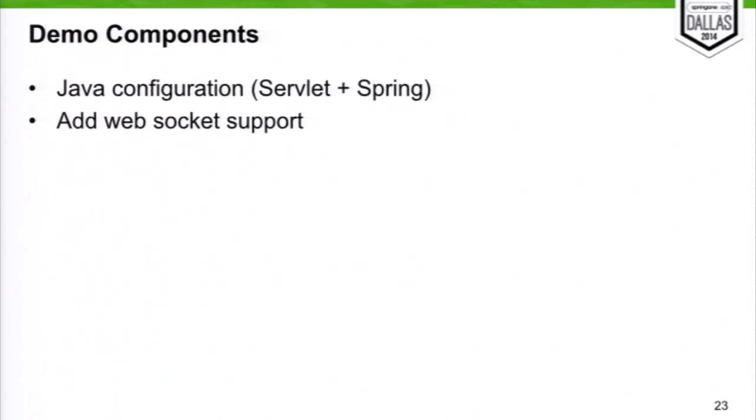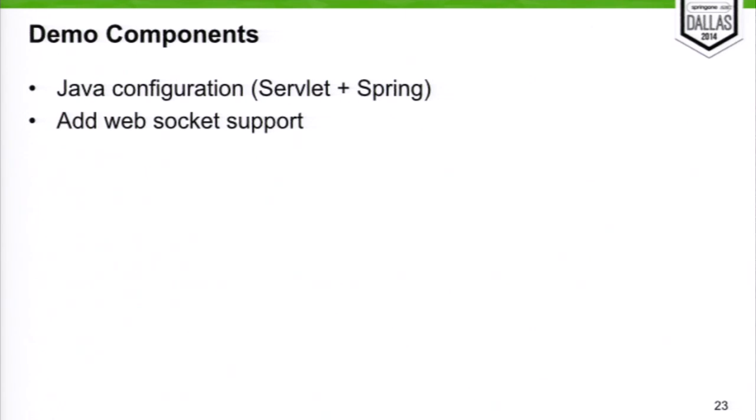Okay, so now we're going to go look at some code. And hopefully the demo gods will be with me today. So the first thing that we're going to look at is some comparisons between web.xml and Java config.